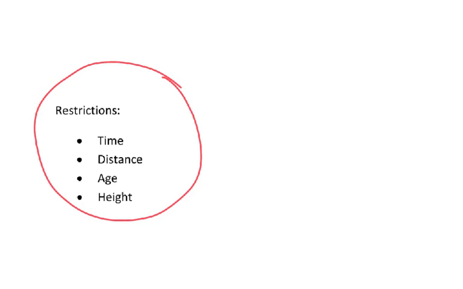It makes no sense to talk about negative time, or negative distance, or negative age, or negative height, or height above 10 feet if you're talking about a human being, because people just aren't that tall. So there are some limiting factors in real-world applications, and isn't that where we really want to go with our math? Where does this work when the rubber meets the road? So those are some kinds of restrictions that you're going to need to be thinking about.